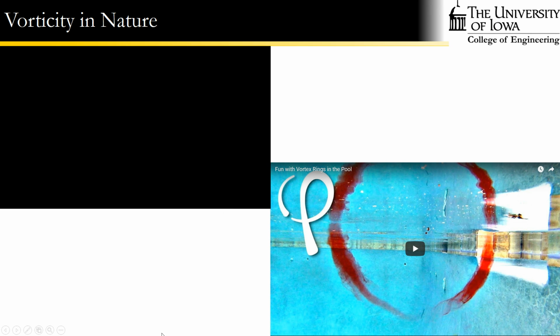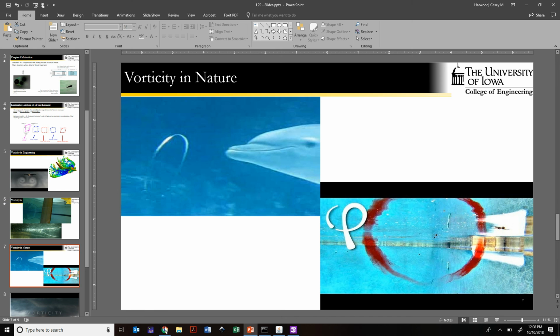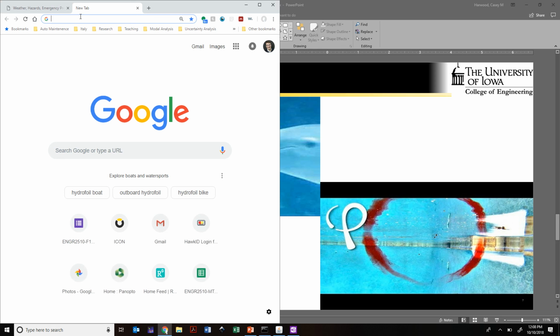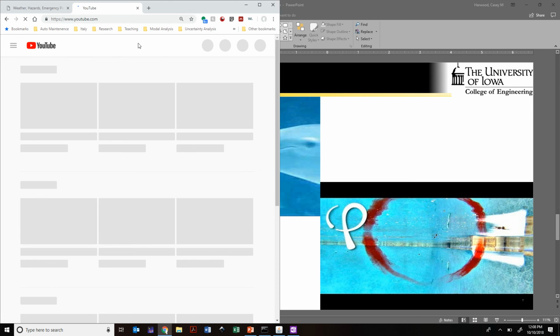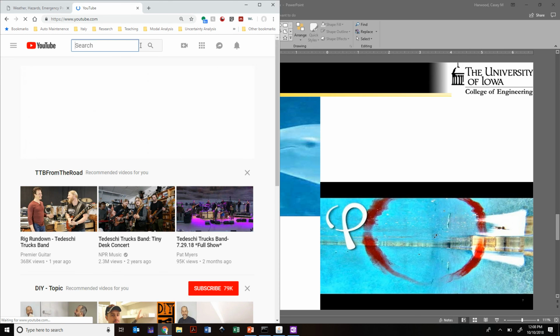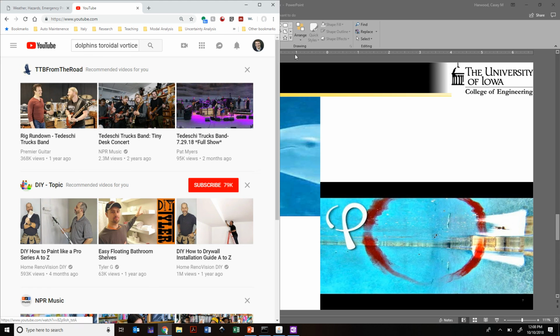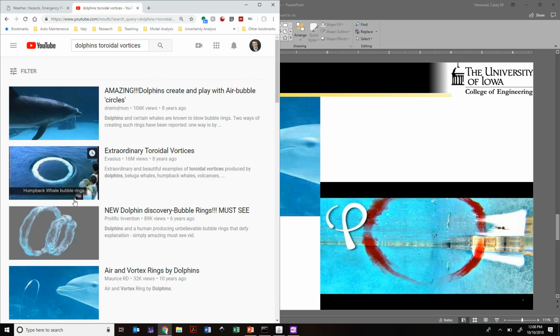That's not going to fly. Let me find this one for you. Speaking of vorticity and tracking Hurricane Michael, there we go.